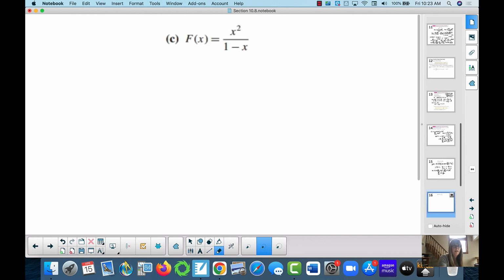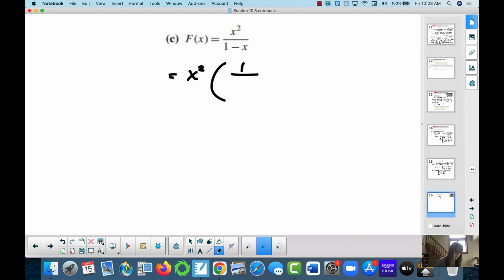All right, and example C here. This one looks much more complicated because of that x squared on top, but actually it's pretty easy. So in this one, we take out the x squared, and that's all we have to do to get in this form.